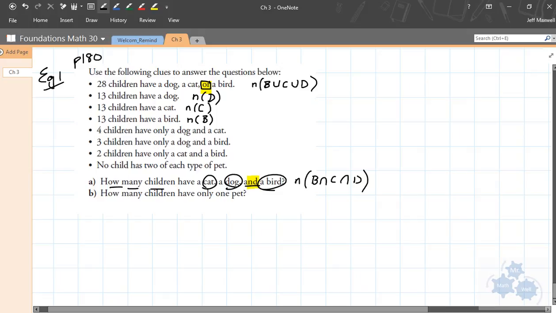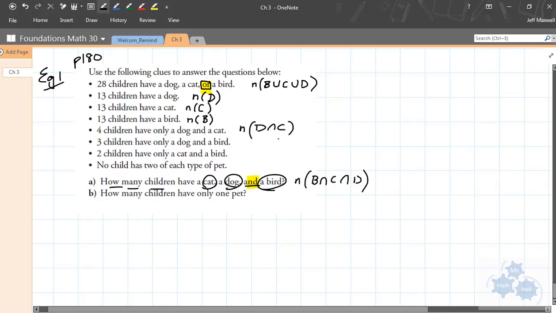14 children have only a cat, only a dog and a cat. So how do we write that one? That's going to be what? Only a dog and a cat. So that's going to be dog and cat, but what's going to go in between there? Is it going to be a union or an intersection?